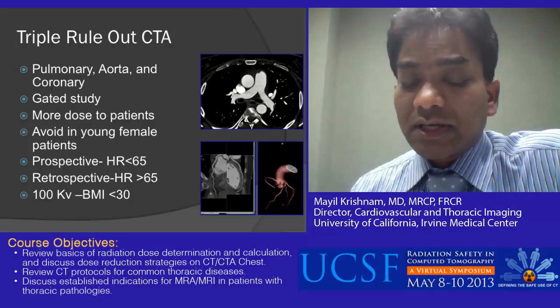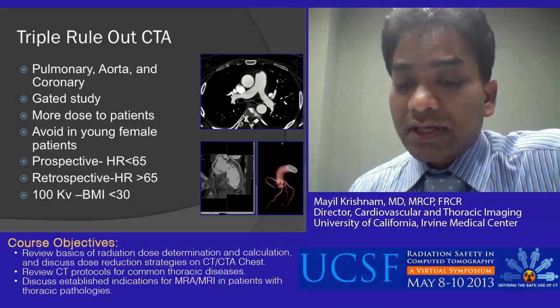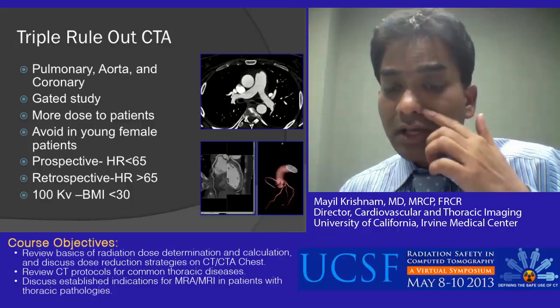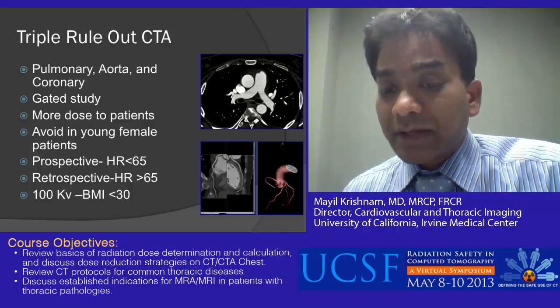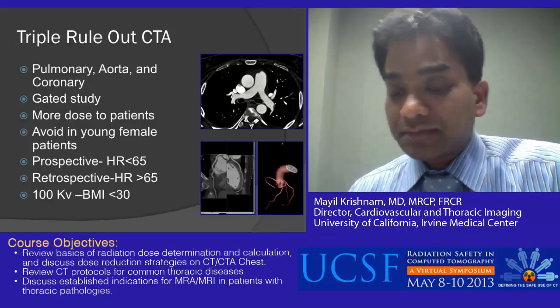The image demonstrates a 100 kV technique double rule out CTA, and given the 100 kV technique, the average attenuation is usually greater than 400 or 500 HU, and on this patient, in the pulmonary arteries, the average HU is 510.